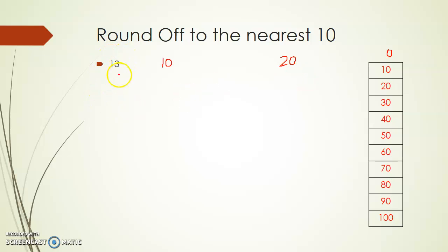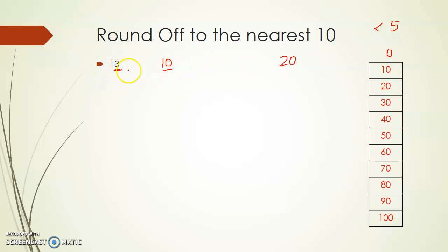So when we round off, we round this off either to 10 or to 20. When rounding off to 10, we look for the digit in the ones place. If the digit in the ones place is less than 5, round off to the lower range.